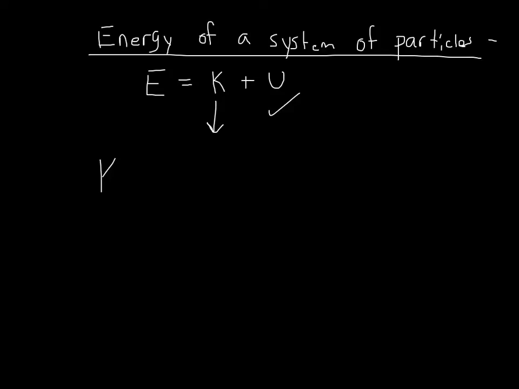We can write the equation. Kinetic energy of a system of particles is the sum of the kinetic energies of each of the little pieces that make up that system. So we have our general equation for kinetic energy, 1/2 mass velocity squared. And we take the masses of the little individual pieces times the velocity of those pieces, and we just add them together.